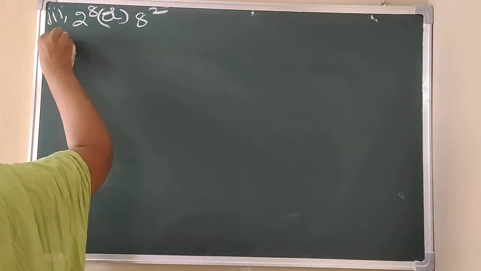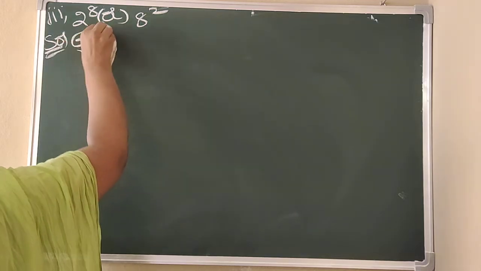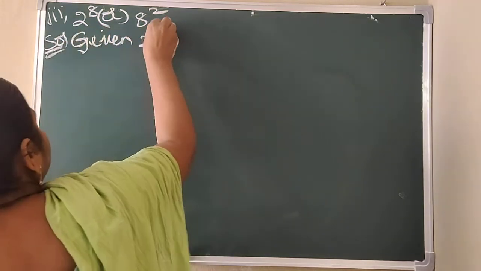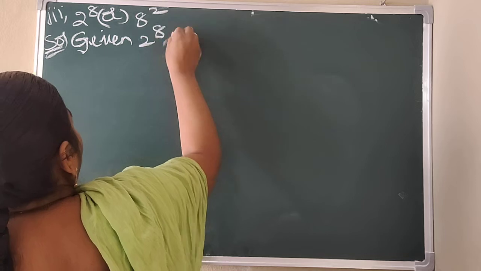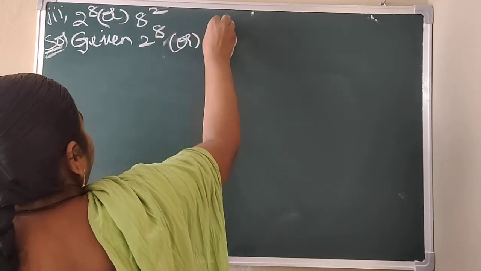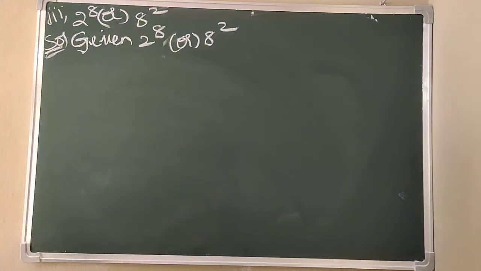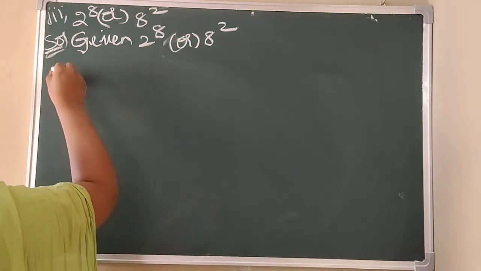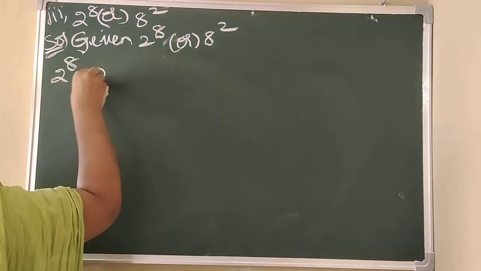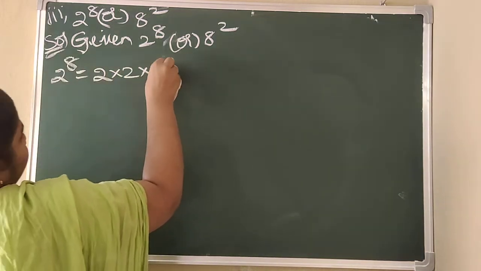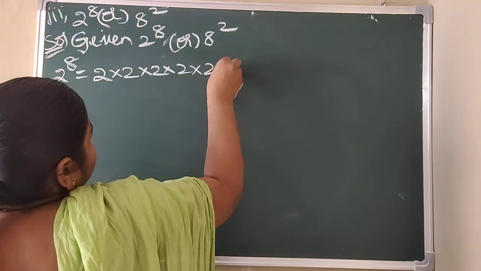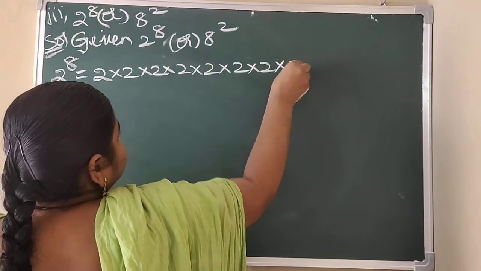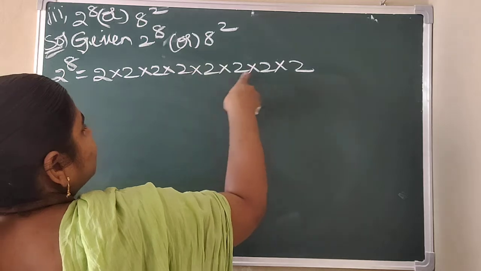In these two, which is greater we have to find. So given 2 power 8 or 8 power 2. 2 power 8 means 2 we have to multiply 8 times. 2 into 2 into 2 into 2 into 2 into 2 into 2 into 2. 1, 2, 3, 4, 5, 6, 7, 8.